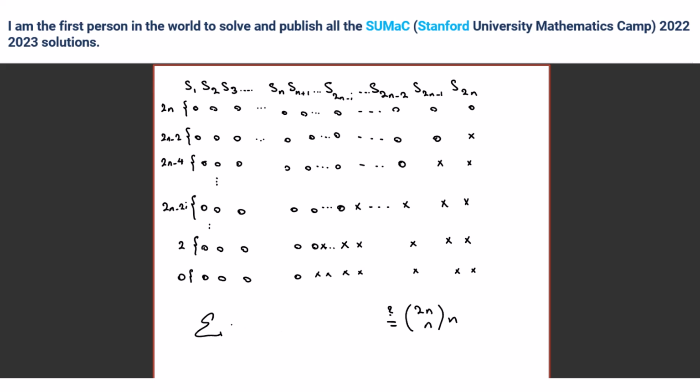Okay, so sigma i equals 0 all the way to n of 2n minus 2i times 2n choose i. Yes, 2n choose 2n minus i or i. So you should prove why this summation is equal to this, okay?